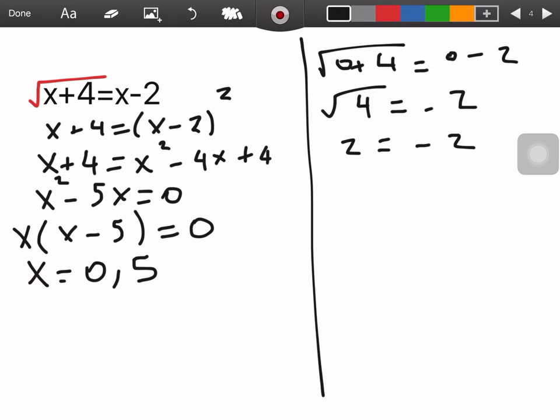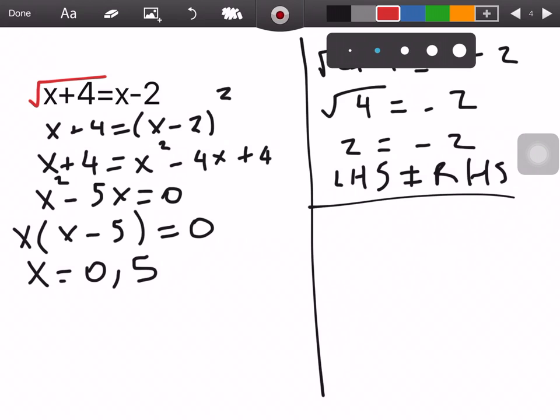So therefore the left hand side does not equal the right hand side, therefore it's an extraneous solution. So this is an extraneous solution.